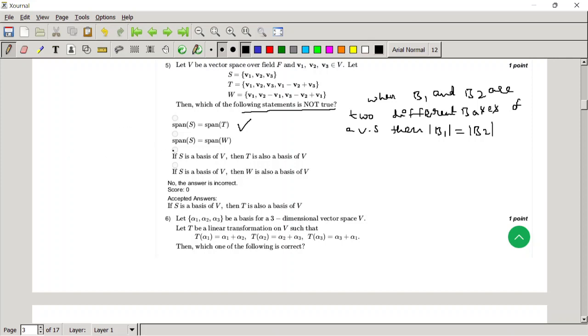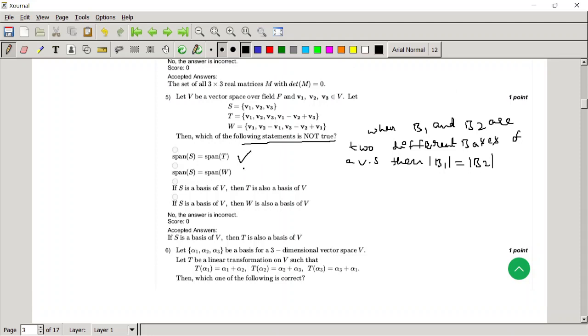So let's see option B. Here it is similar to option A, because the set W also contains vectors which are linear combinations of the vectors v1, v2, v3. So span of S is equal to span of W. But sorry, these two are wrong options, because it is asked to check the incorrect option.